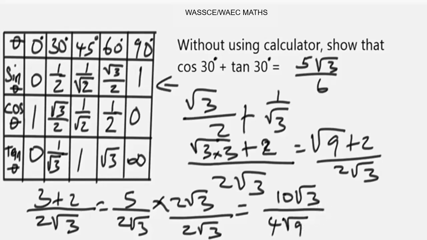Now when you divide, 2 into 10 will give us 5, and 2 into 4 will give us 2. So we'll be left with 5 root 3 over 2.